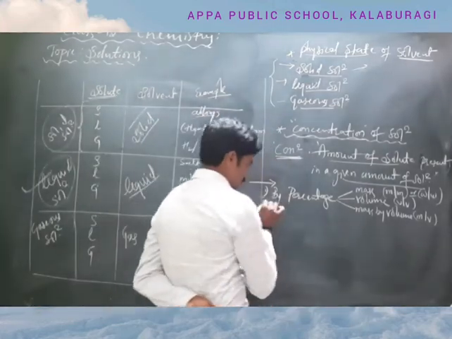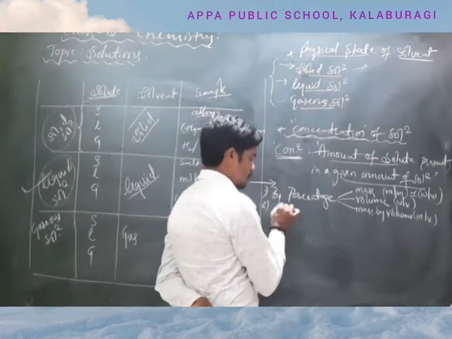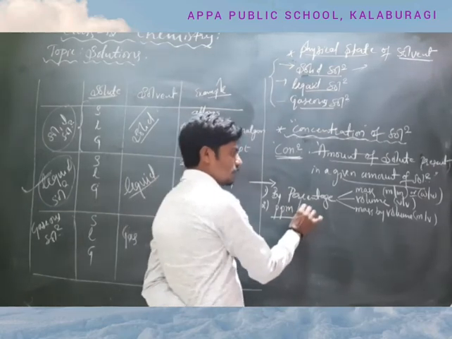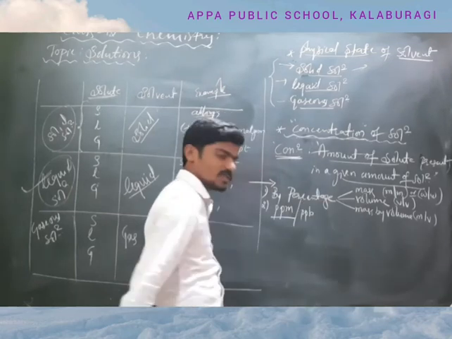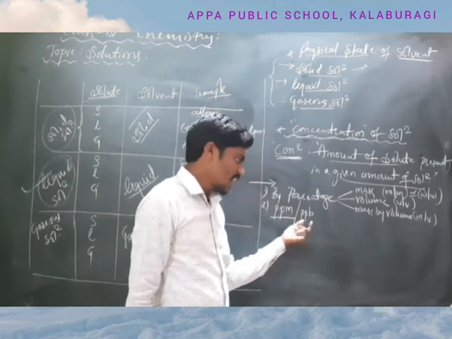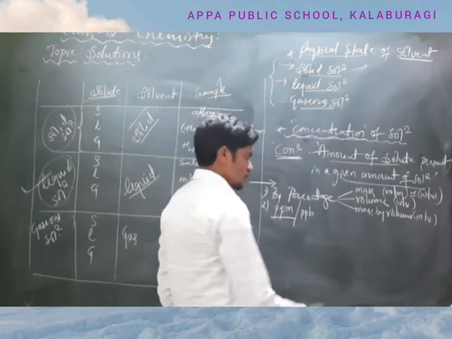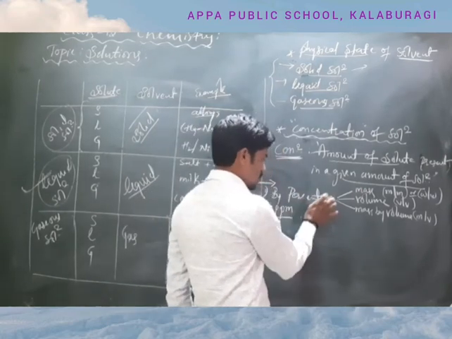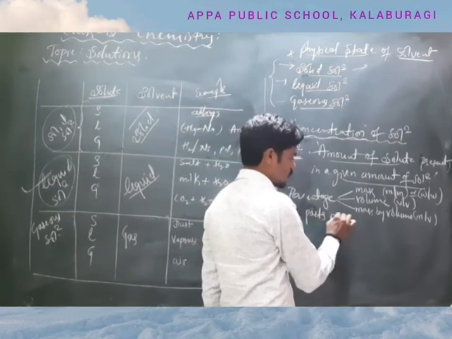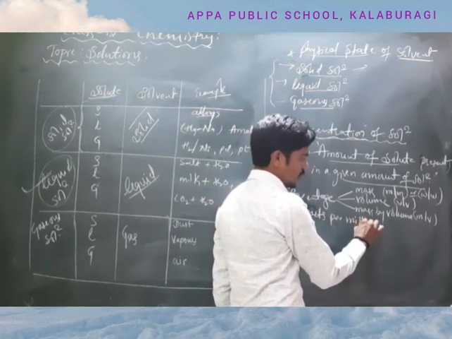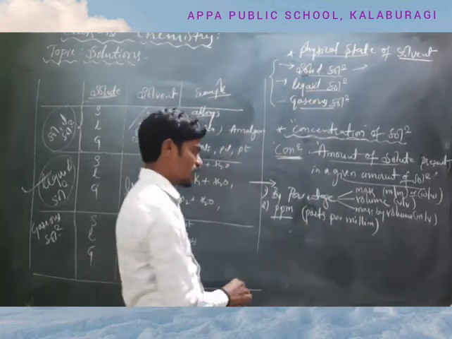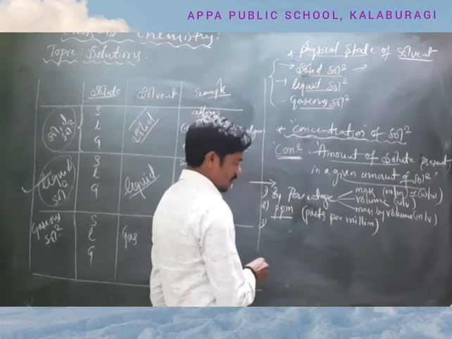Second one, ppm or ppb. What is meant by these terms? Parts per million or parts per billion. This one is given in your NCERT, ppm, parts per million, and we will illustrate it with a formula and one example.